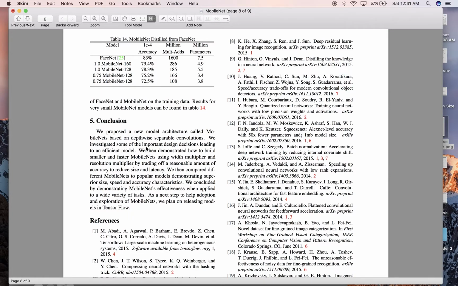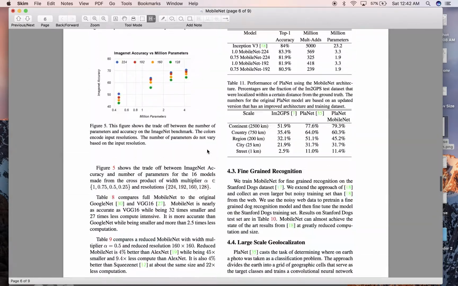We investigate some important design decisions leading to an efficient model. We demonstrate how to build smaller and faster MobileNets using the two hyperparameters by reasonably trading off accuracy and size. We compare different MobileNets to the popular models, and finally, a next step would be for them to release a TensorFlow model, which they have done a long time ago. So that's the entire paper.